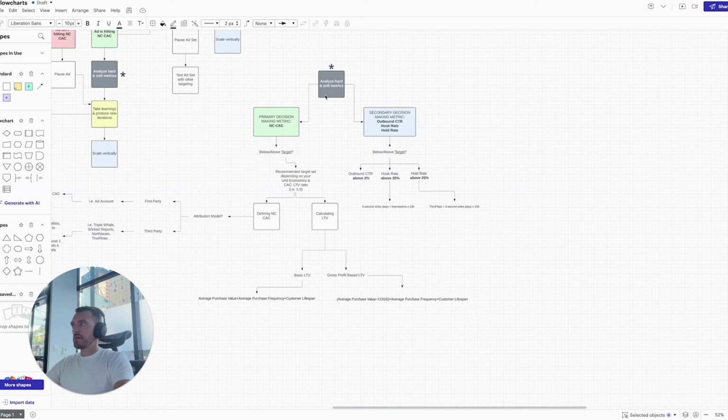And then this is hard metrics, soft metrics. It's not the same for all ad accounts, but I would kill an ad when it spent, let's say, 2 to 3x our new customer CAC, and it hasn't given us a conversion. If that happens, then it's turned off.